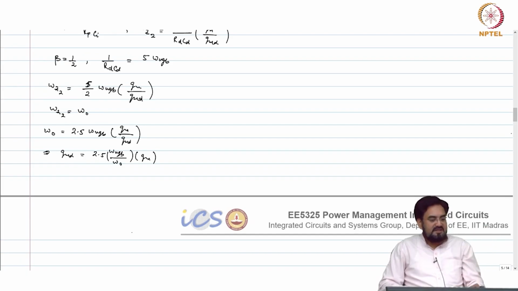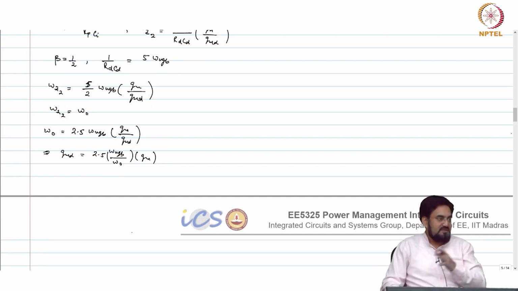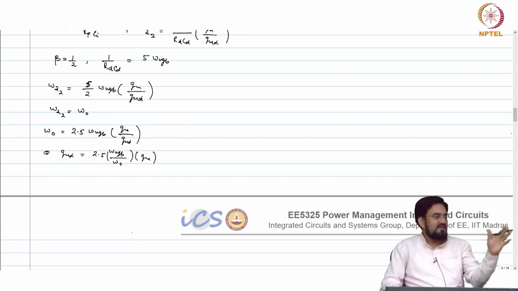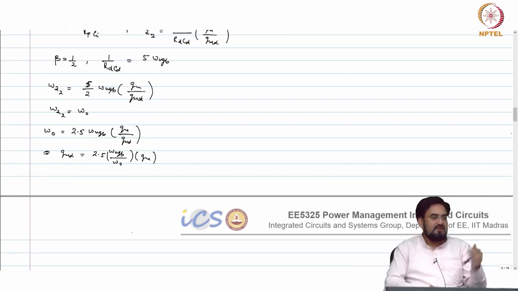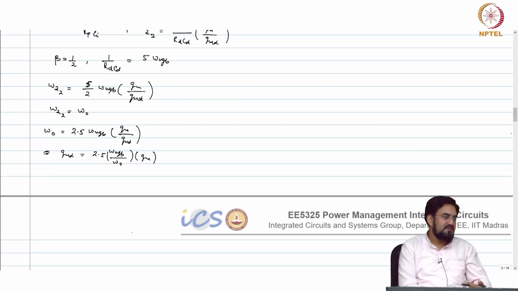So the ratio of GM and GMD is the only thing which you can change, and so the advantage here is GMD will independently control the 0 actually. It will not affect anything. If I change the GMD, it will only move my 0. It will not affect any of the other factors. So independently you can control both the zeros here.